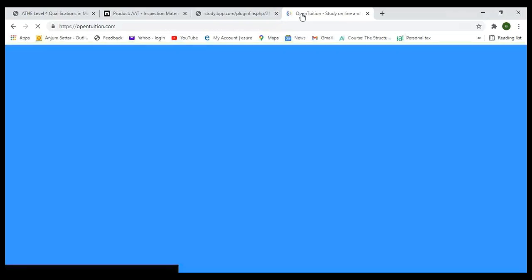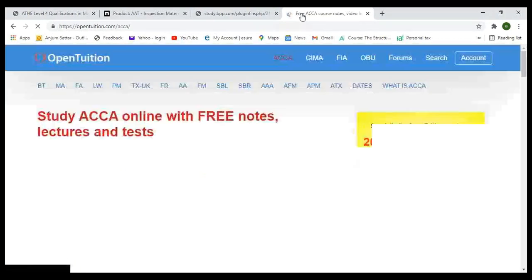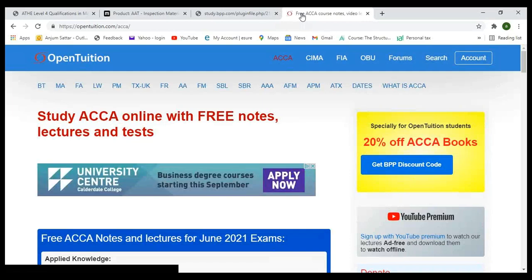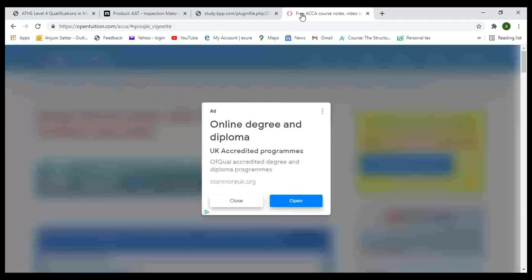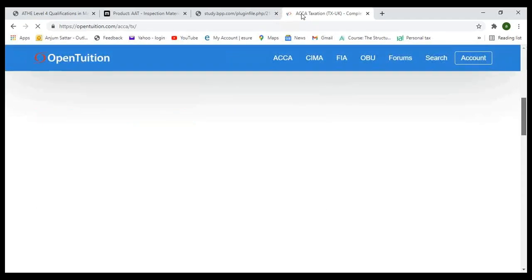If you log in, it's absolutely free. Look around under ACCA, and then we have Tax UK. So you can download the booklet from here if you want.